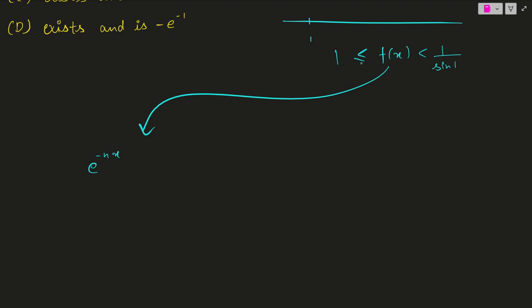Then after multiplying, it will be e raised to power minus nx, same with the f(x), same with the 1 by sin 1.